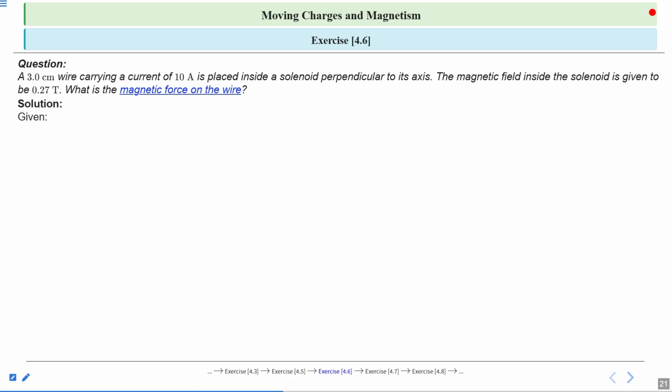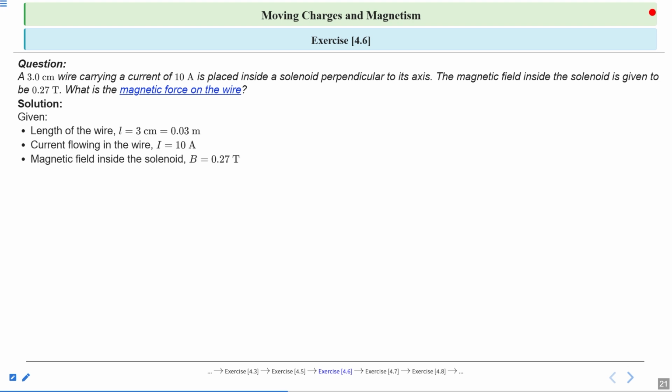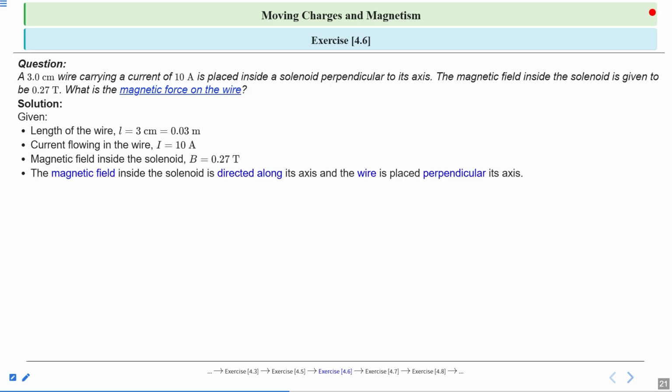So what is the solution and what is given in the question? We will list it first. Length of the wire L equal to 3 centimeter, which is 0.03 meter. Current flowing in the wire I equal to 10 ampere. Magnetic field inside the solenoid B equal to 0.27 Tesla. The magnetic field inside the solenoid is directed along its axis and the wire is placed perpendicular to its axis.